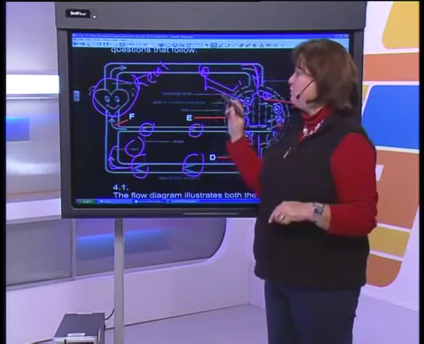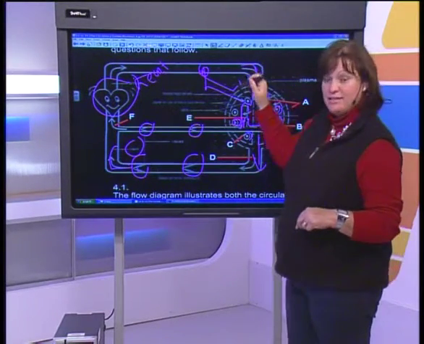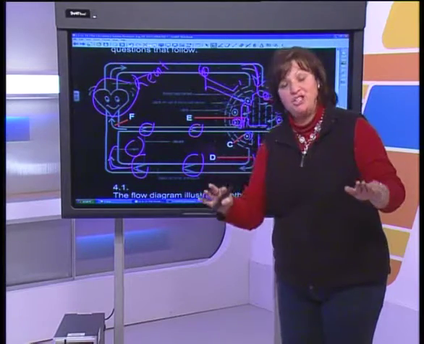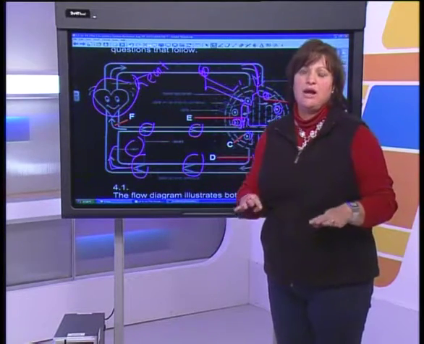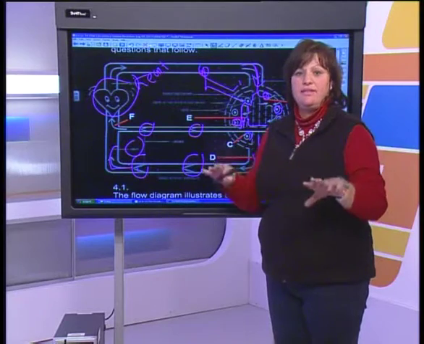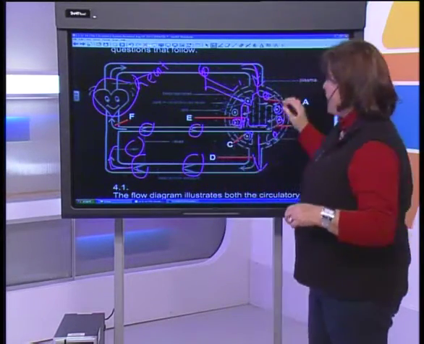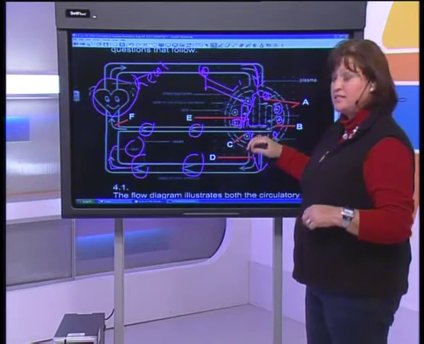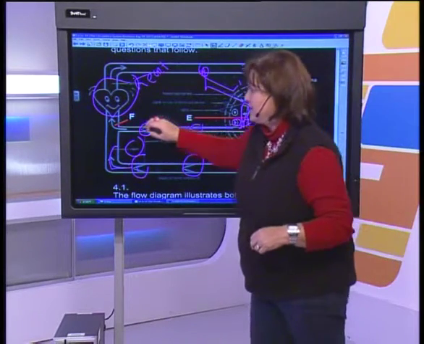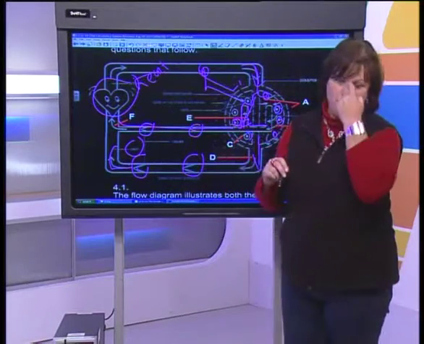So what you've got here is blood plasma that changes into tissue fluid, or extracellular fluid, and then you need to get that volume back into the blood. That's where it drains into the lymph system, and the lymph system is then going to take it back into the heart.